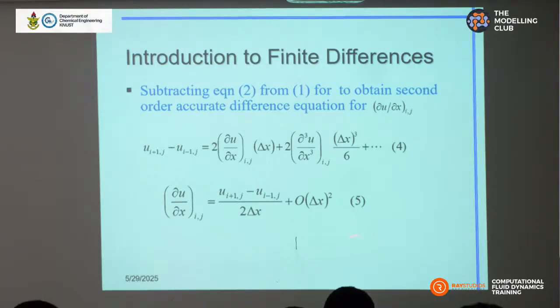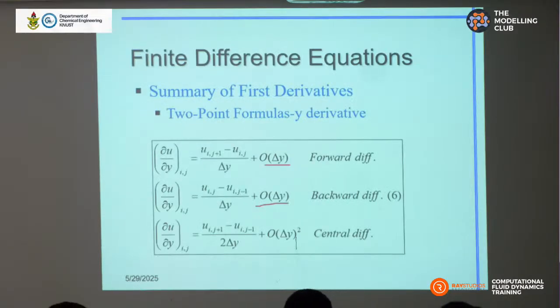The order of magnitude of the error will be delta x squared. It's second order. So we found another way of representing this derivative using what we call the central difference.